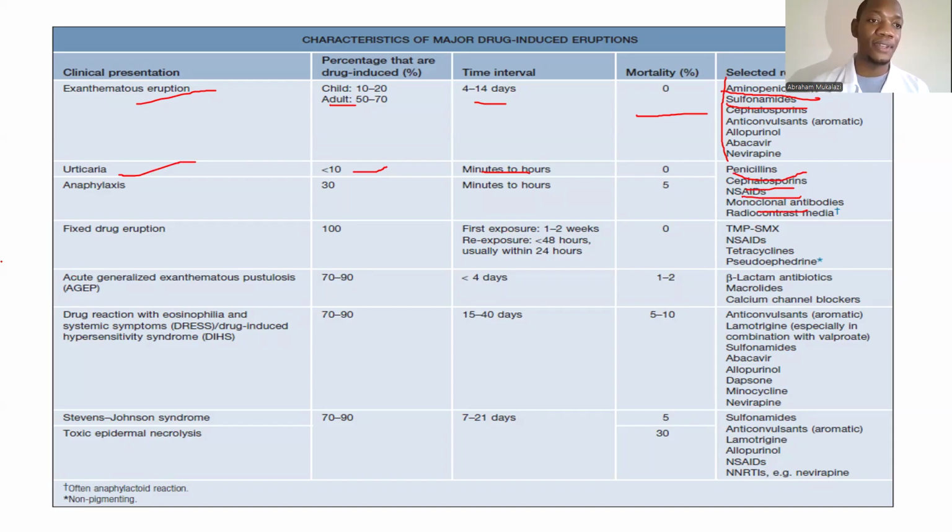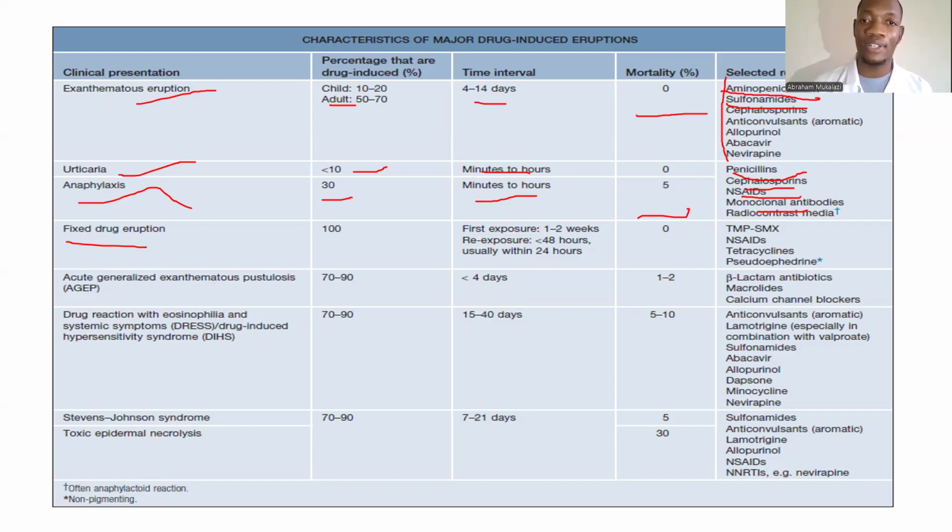The same applies to anaphylaxis. You give a drug, someone has a type 1 hypersensitivity reaction to the drug, then they end up getting a reaction. So the onset is still minutes to hours, and mortality is about 5% because anaphylaxis is more severe. Then you have the fixed drug eruption, and in this case, the onset varies on the type of exposure.